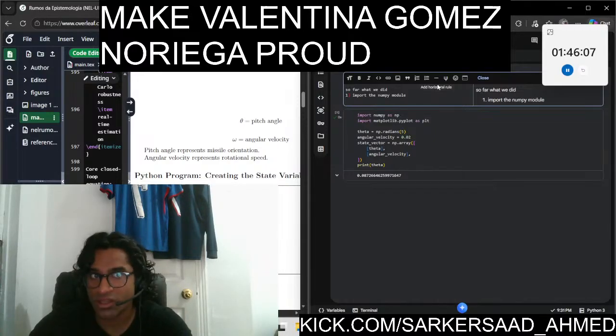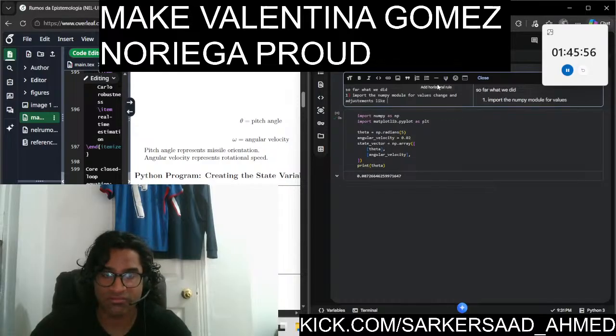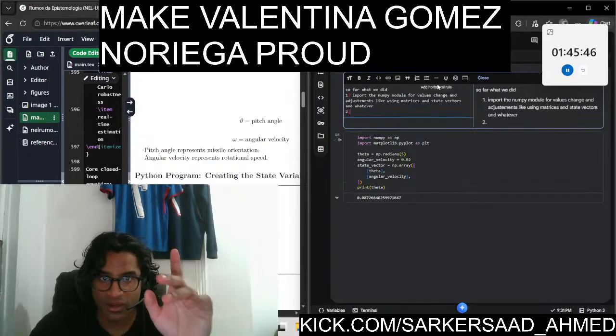So that's also important. Import the numpy module for value changes and adjustments, like using matrices and state vectors and whatever. Set the angle, so whatever angle you have.